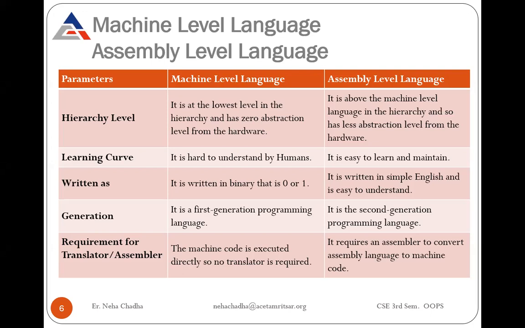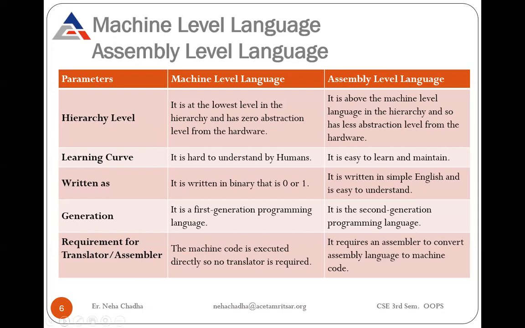Assembly level language is easy to learn and maintain as compared to machine level language, but not as compared to your high level language. You are able to understand a little bit. If I write move, add, subtract, you can understand what operation I want to do. But if I write HLD, you won't be able to understand what I have written. It is easy as compared to machine level language, but difficult as compared to high level language.